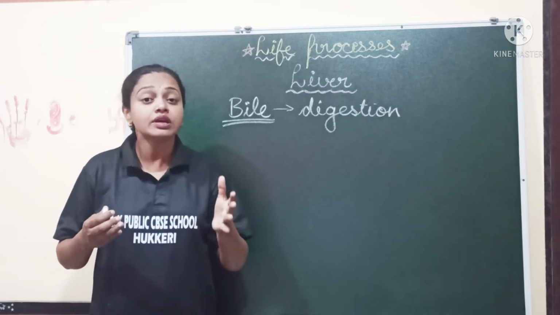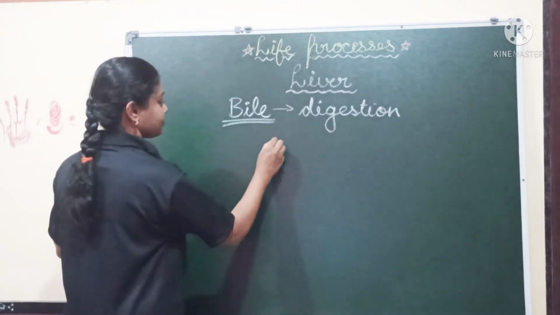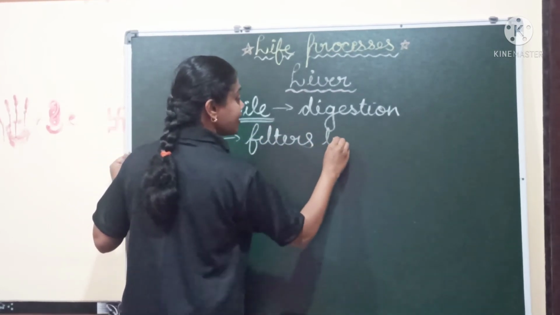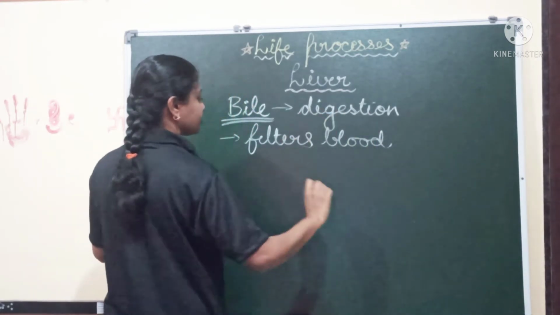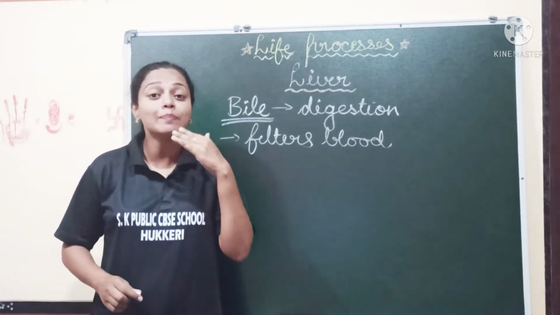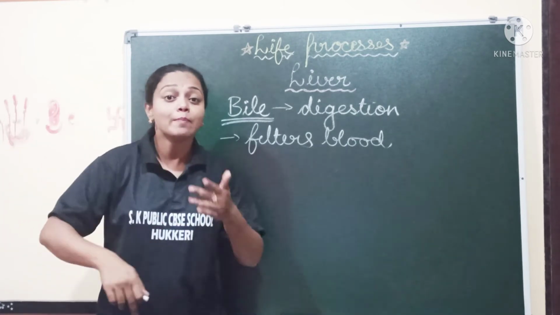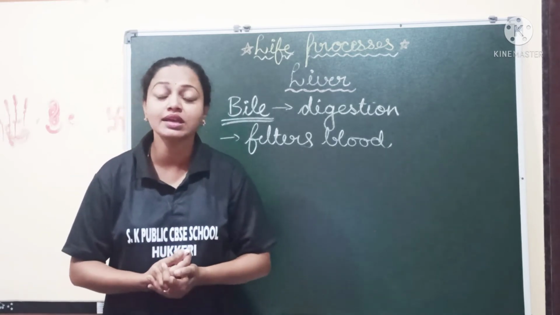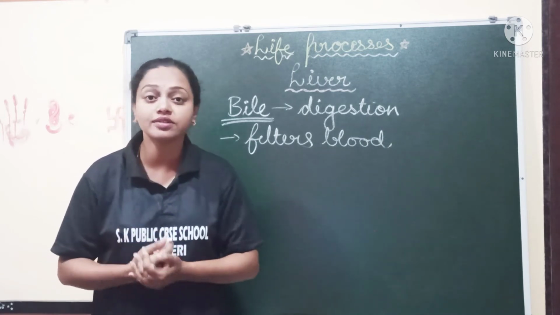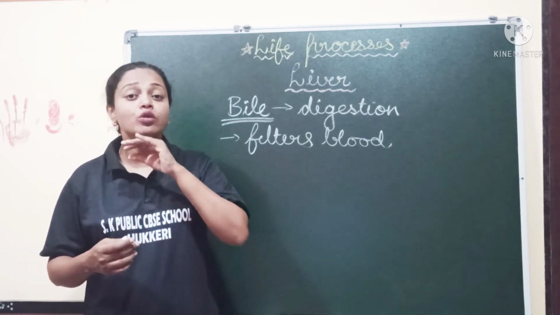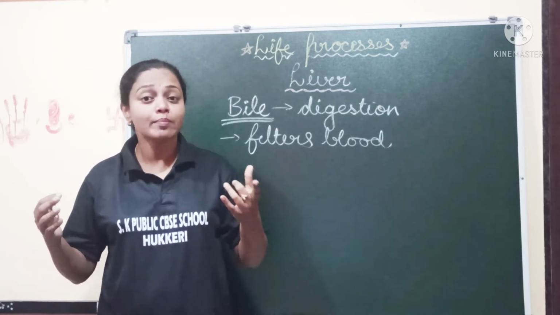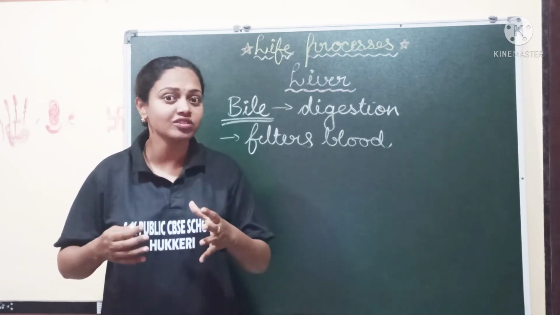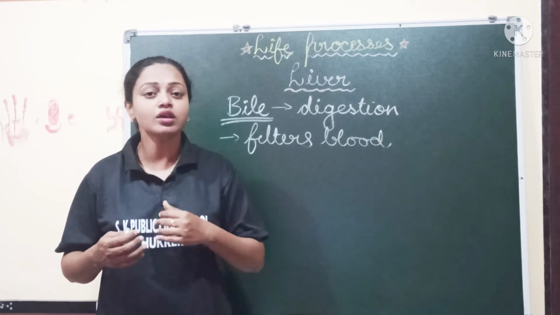The liver also filters the blood coming from the digestive tract before passing it into the rest of the body. See what important functions our liver does. It detoxifies various metabolites and drugs. It will kill all the bacteria which are poisonous to our body.